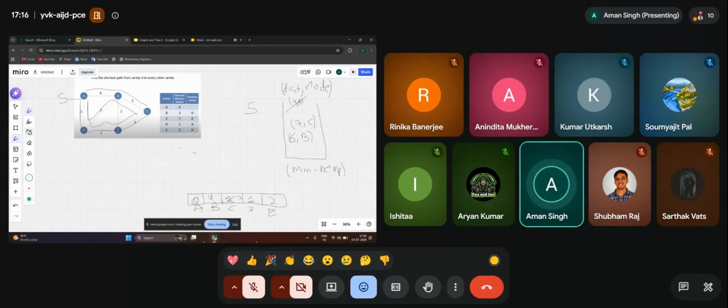Okay, now the next step is to pop this, as this is our top element, right? So 6 and B. As we can see, this distance is already bigger than this.